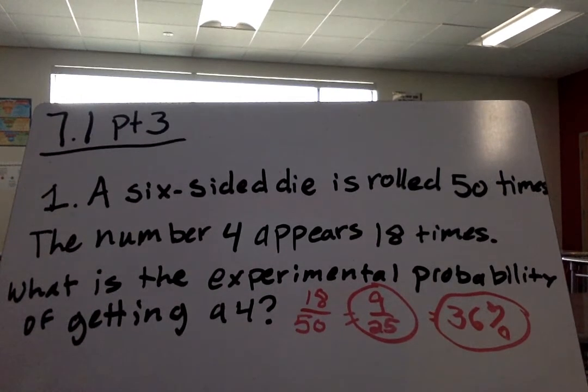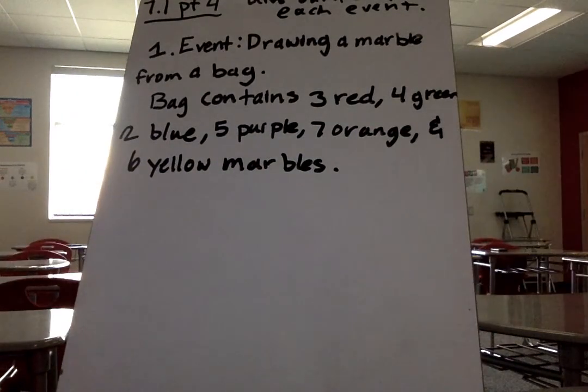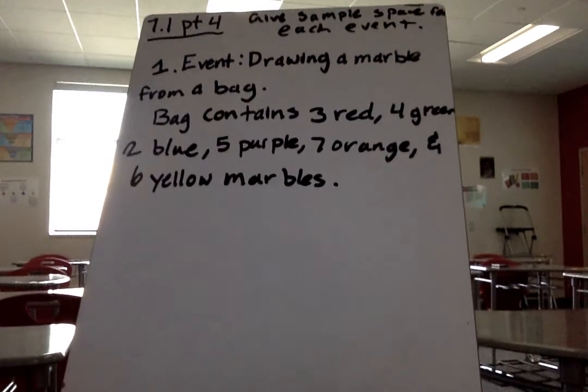All right, go ahead and go on to the next page, page 150. And we're going to jump down to number 1 where it says practice. Give the sample space for each event. Drawing a marble from a bag.